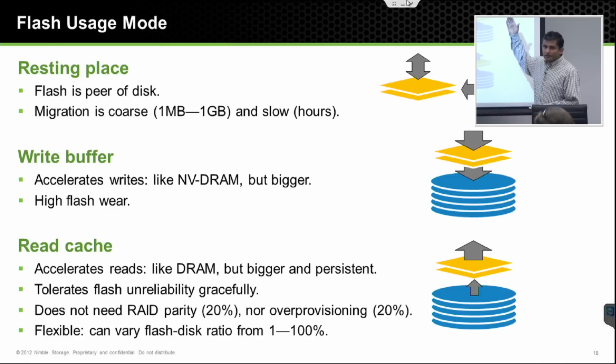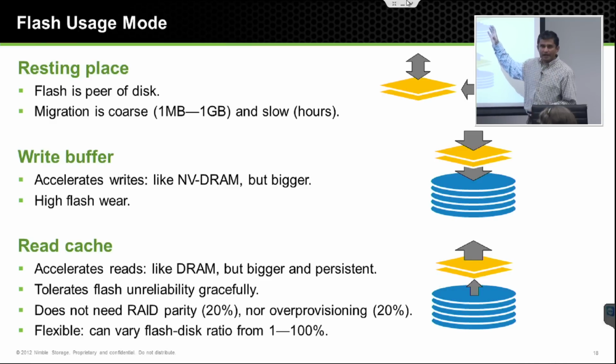So the simplest possibility is to use flash as a resting place, as a peer of disk. Okay, so some data would reside on flash and some on disk. And this is particularly easy to implement for the storage vendors, because if they have a storage stack that works with disk drives, it can be made to work with flash drives without much extra effort.